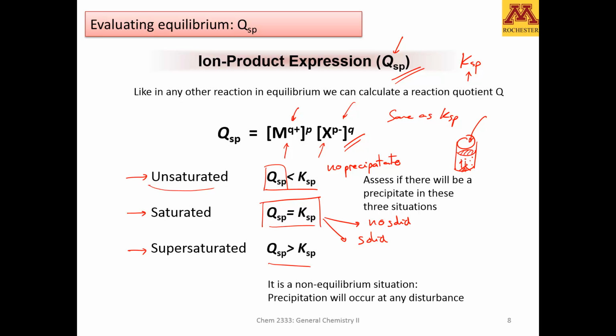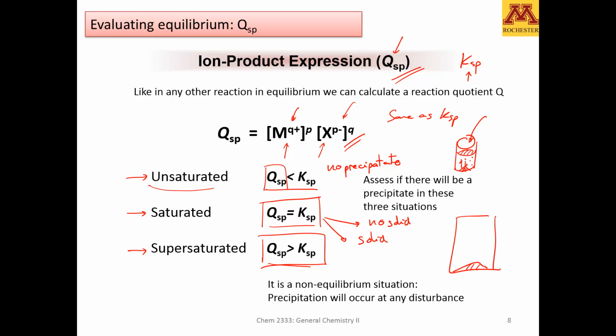There's a rare case in which you have a supersaturated solution. You will have only a supersaturated solution when, for whatever reason, and that's more of a kinetic reason, there's way too many ions in solution and they should precipitate.